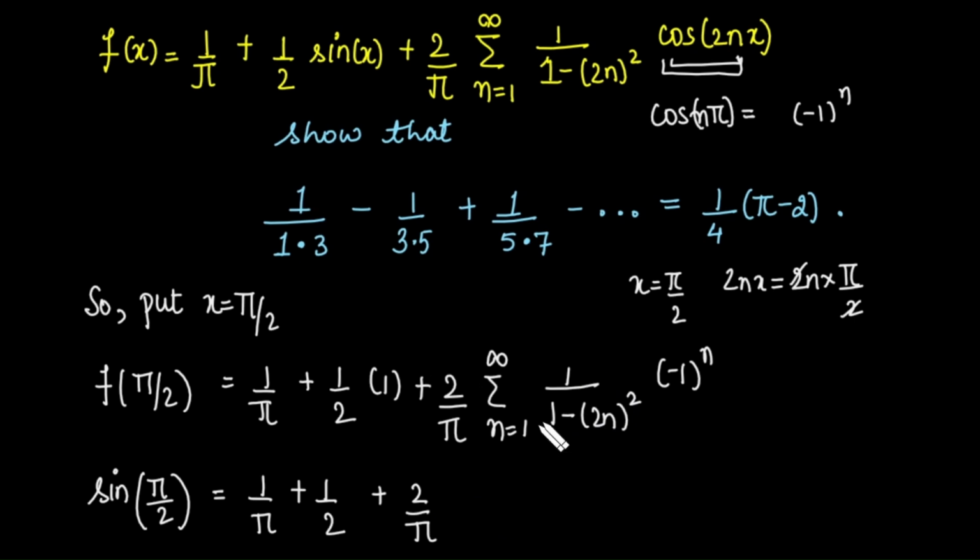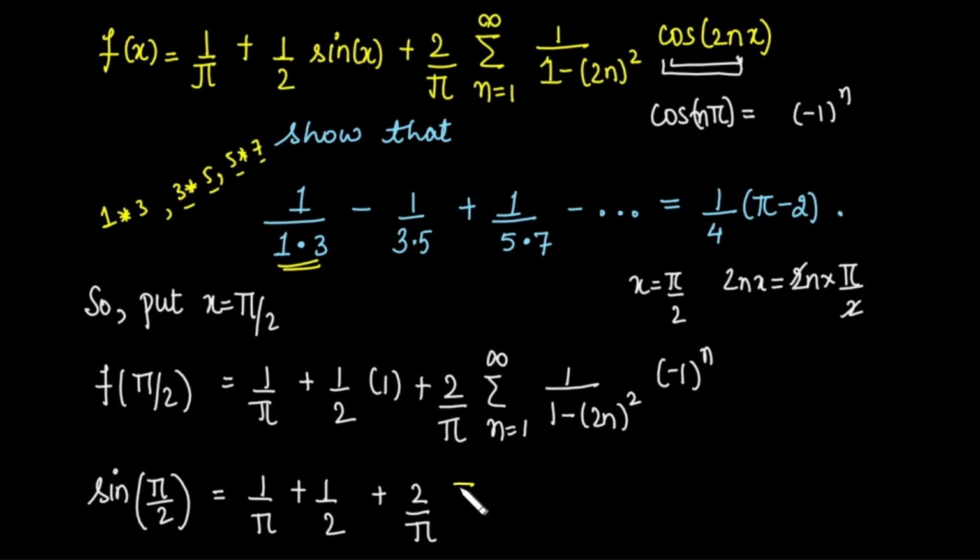Now before expanding, observe this factor and the required series. In the required series, we need 1 into 3, then 3 into 5, then 5 into 7. So we need two different values. Can you create this 1 into 2 factor? Yes, because it can be written as a square minus b square.